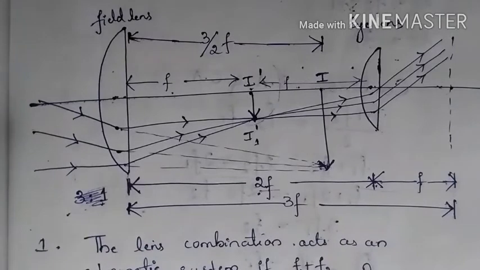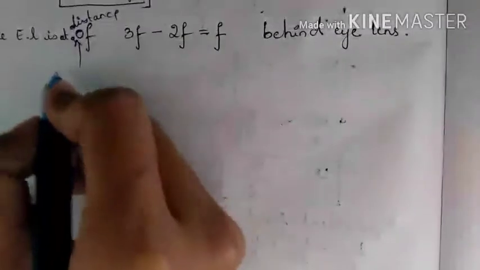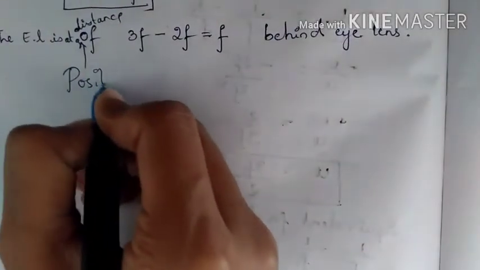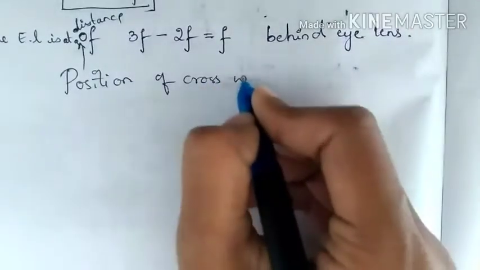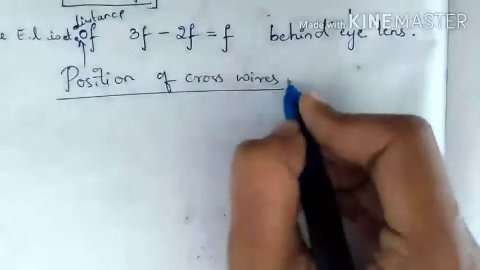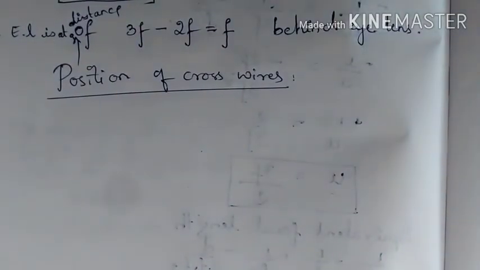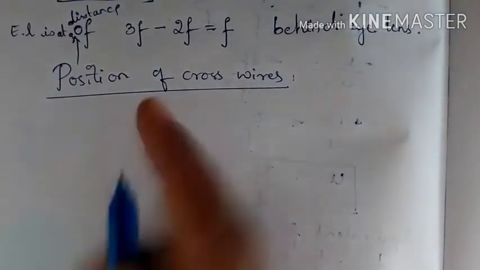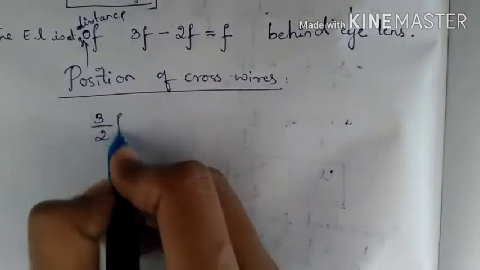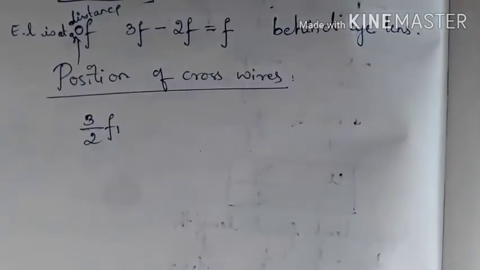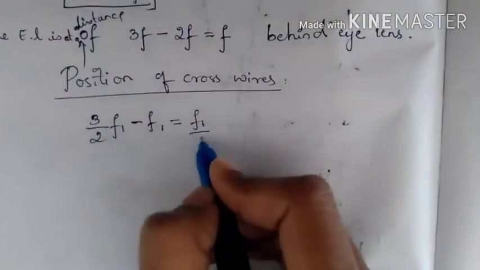Now let us find the position of cross wires. So we know that first principal focus of the equivalent lens is at the 3/2 f1 distance, and minus f1 if you do, then you get f1/2.